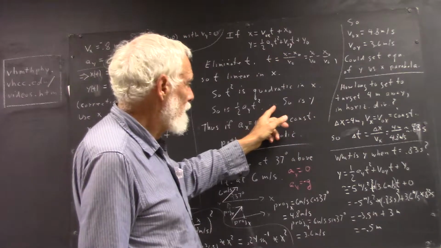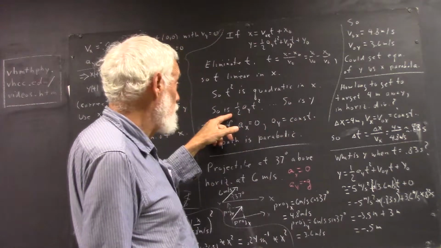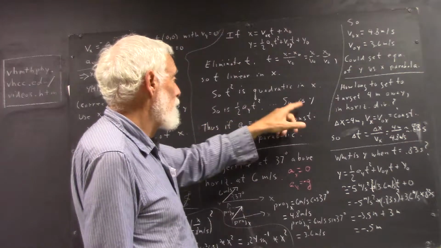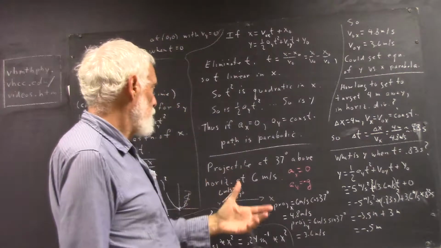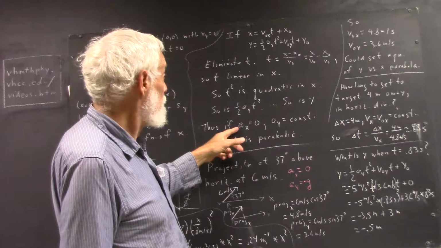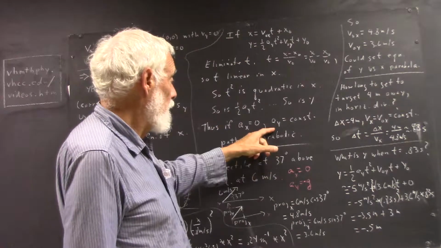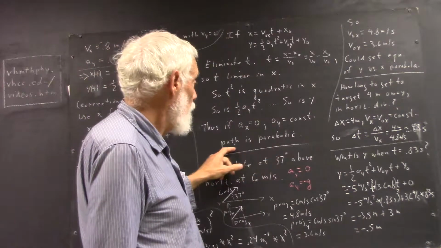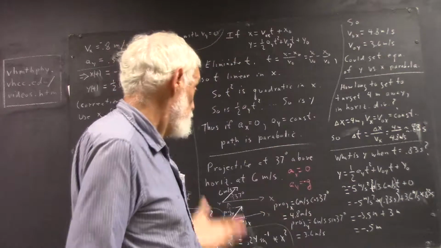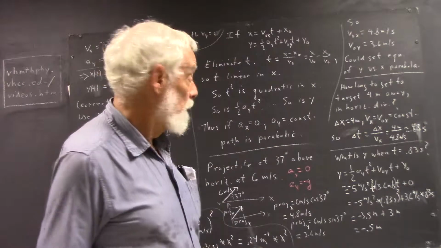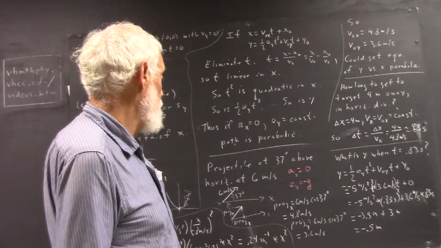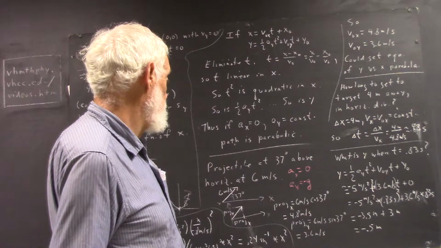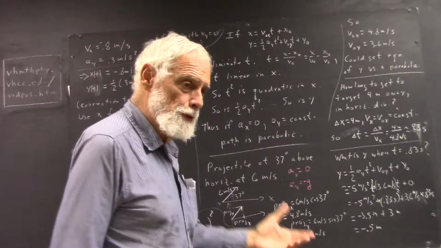Well, this is a quadratic function of x, so is y. y is a quadratic function of x. And we conclude that if a_x is 0, which is what gives us this, and a_y is constant, which gives us this, our path is a parabola. That's all there is to it. Now, we're going to apply some of these ideas to a specific situation, to projectile motion.